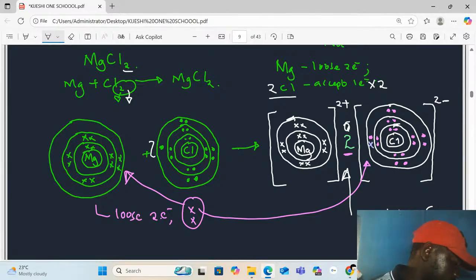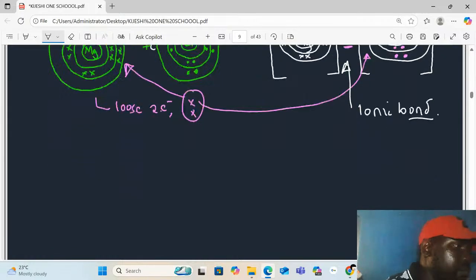We may not necessarily give all the examples, but let me give the last one on the same. Let's look at the ionic bonds in magnesium oxide.